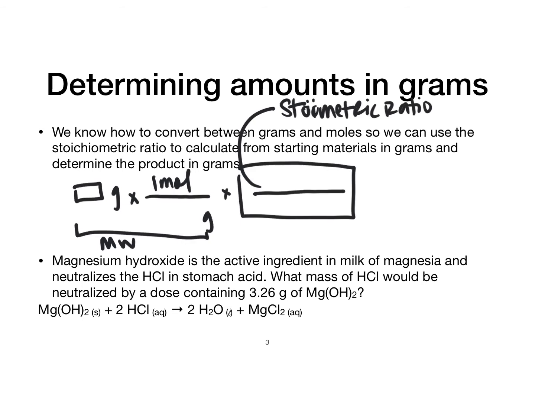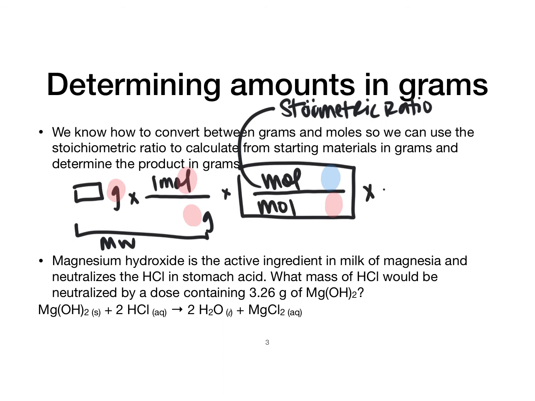And this is going to allow us to convert from, in this case, I'm going to say red grams and red moles. And we're going to be able to convert into blue. And these would be moles and moles.